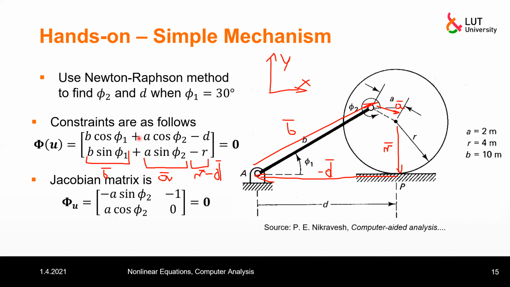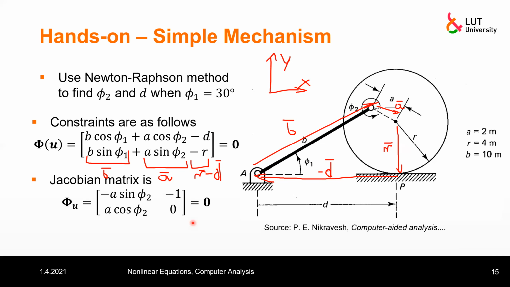So we have here minus a sine phi2. The same for the second equation, only that this term differentiated with respect to phi2 gives a non-zero term, a cosine phi2. And with d, it's even simpler. Here we have minus 1, and here we have no d, so everything is 0. So this is our Jacobian matrix.